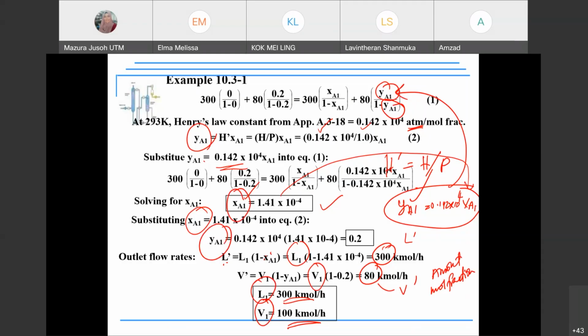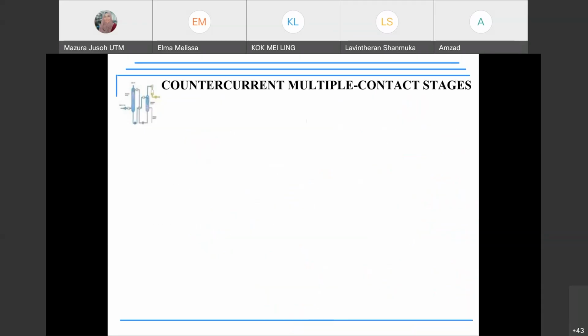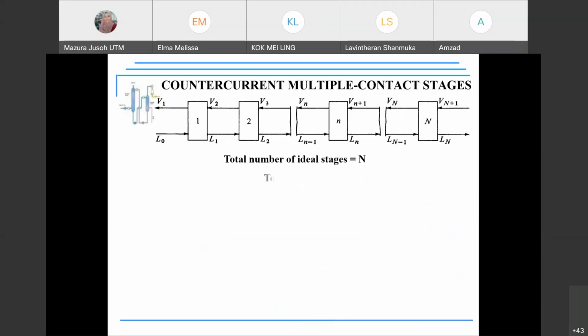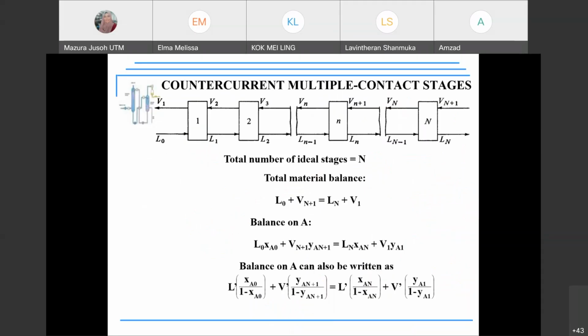Do you get this? So this is only for a single stage. What's actually happening in a chemical plant is multiple contact stages. Those are only some principles for one stage.